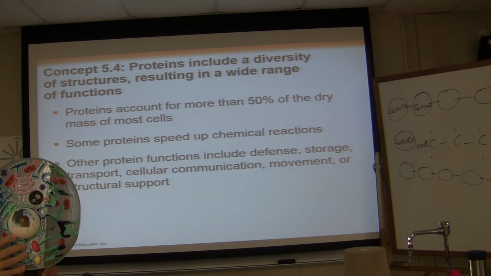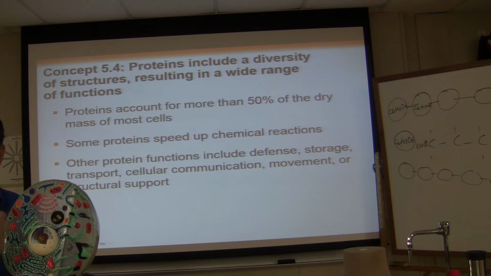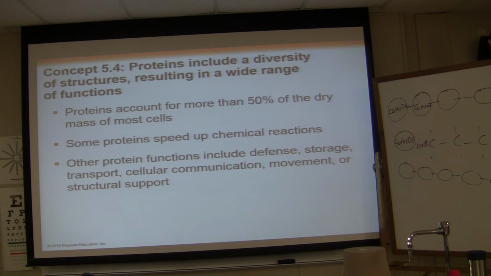That about 50% of the weight of this cell is protein molecules, more than 50%. This is a plant cell, and about 50% or so of its weight is protein molecules. So they make up a big bulk of a cell.